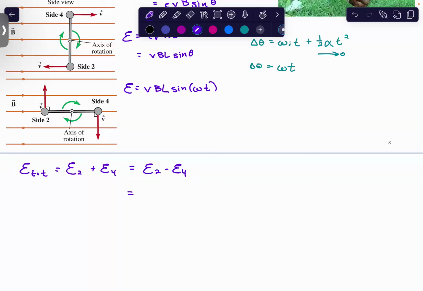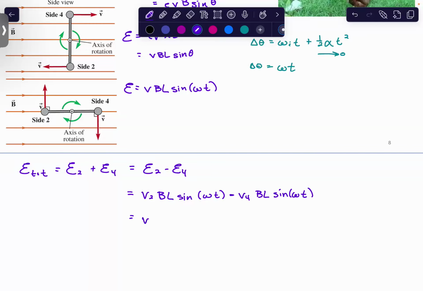So we have the velocity from side 2, V2 BL sine of omega t minus V4 BL sine of omega t.